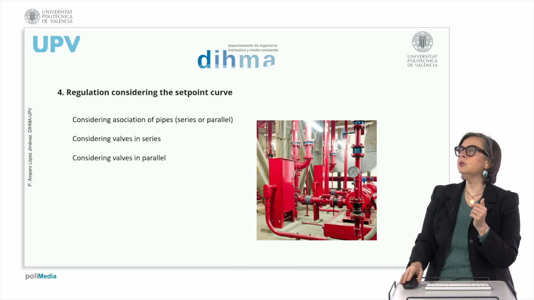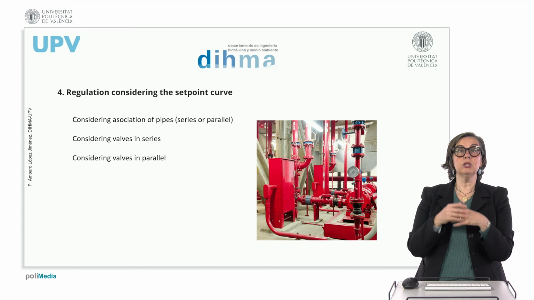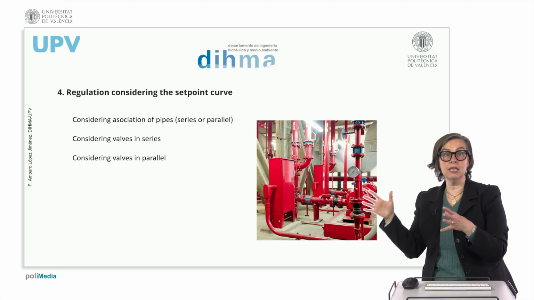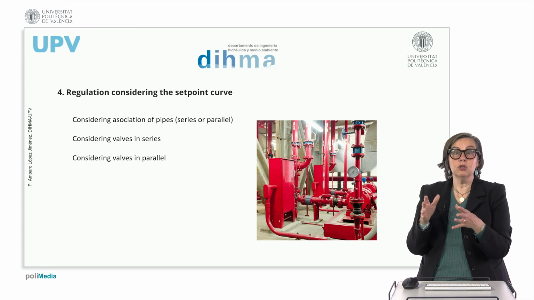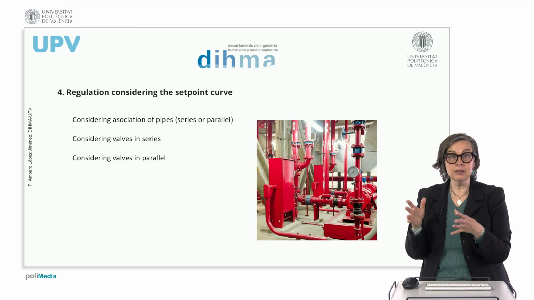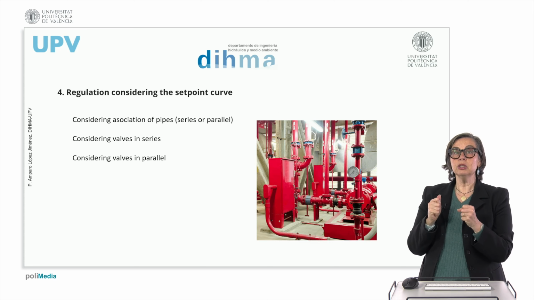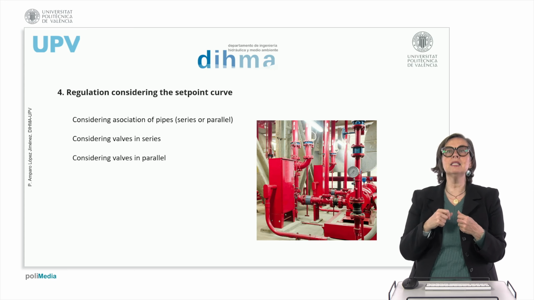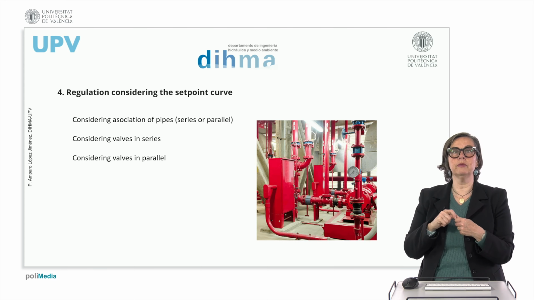So how can we do this? We can do it considering association of pipes with the installation, and this is not simple because our network is what it is. But we can do it considering valves in series and valves in parallel, which is easier to change. In this case, we change the set point curve.